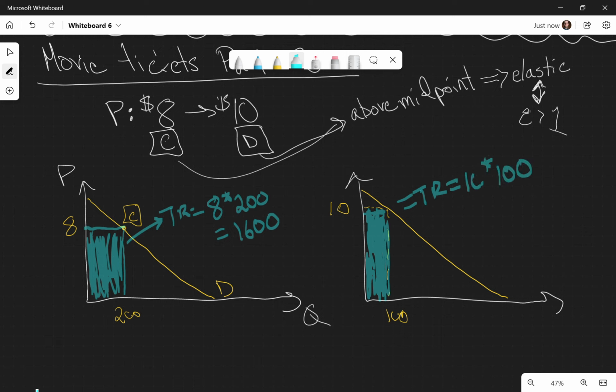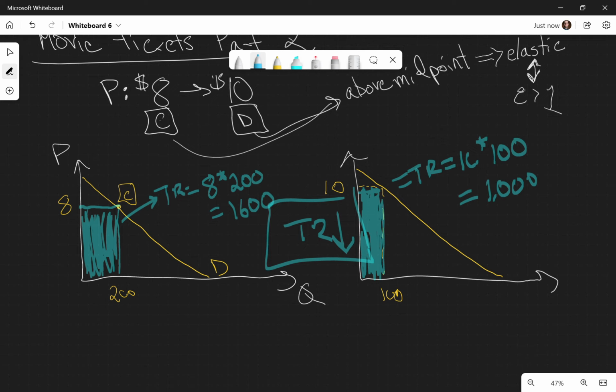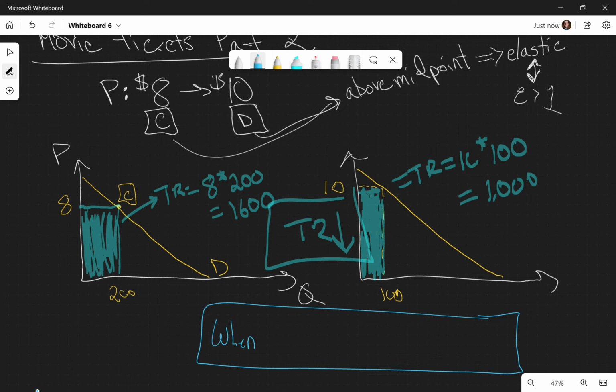Ten hundreds is 1,000. And so what did we see here? We saw total revenue decrease. And this is because when the elasticity is greater than 1, any increase in the price is going to result in a decrease in the total revenue.